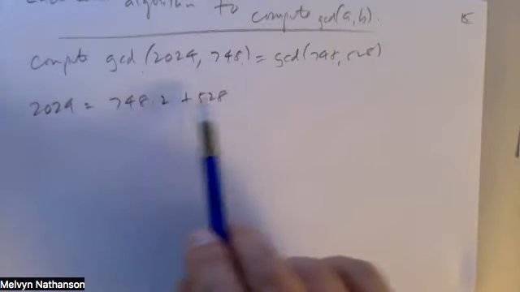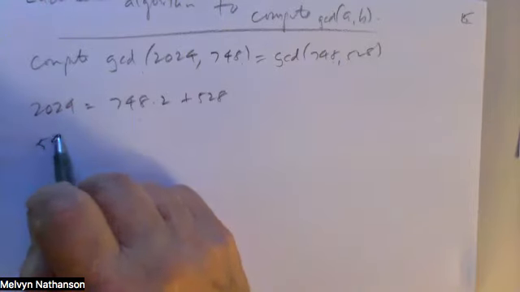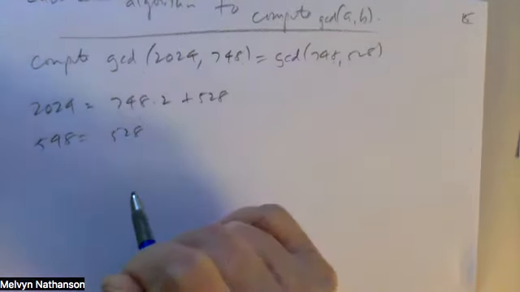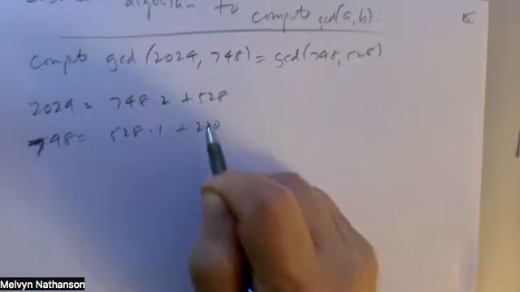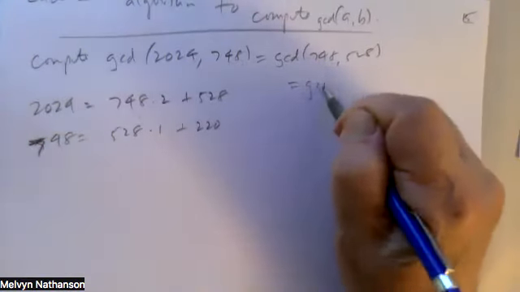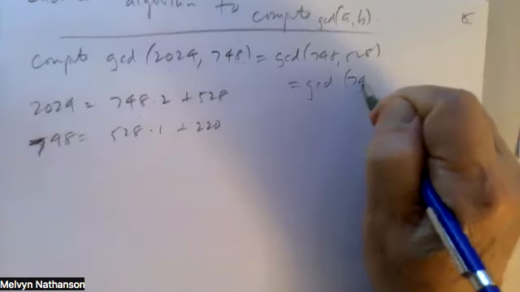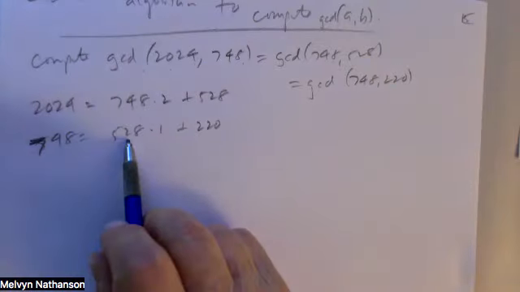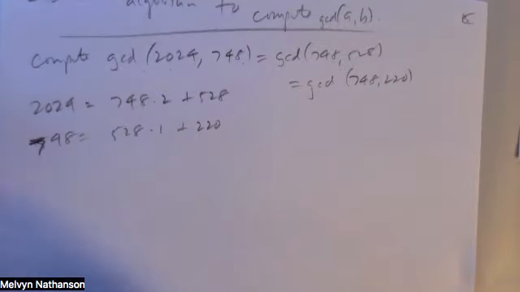But now let's take 748 and divide by 528. 748 is 528 times 1 plus 220. So the greatest common divisor of 748 and 528 is the same as the greatest common divisor of 528 and 220.